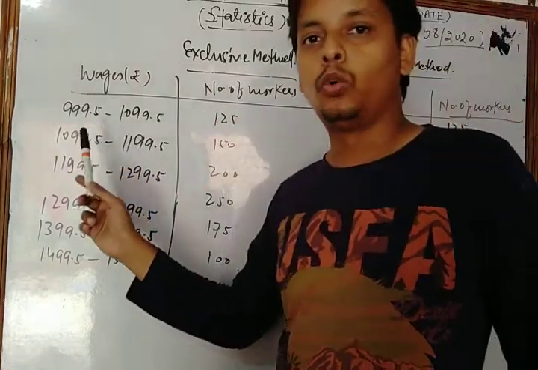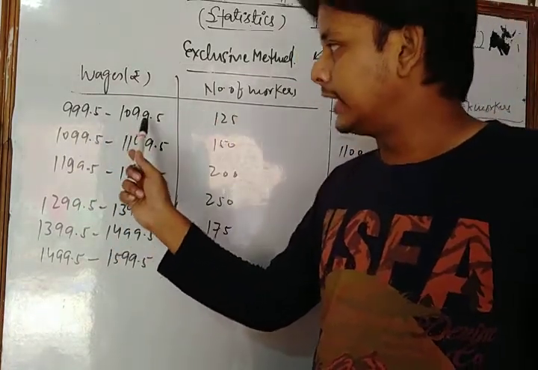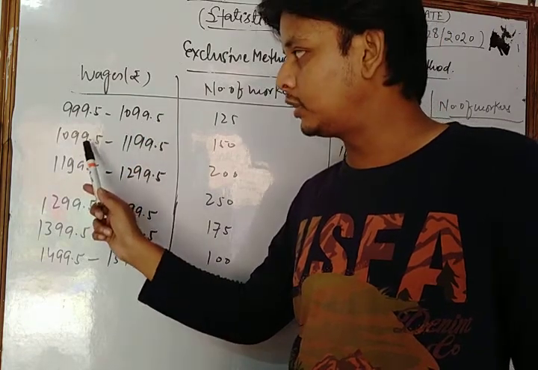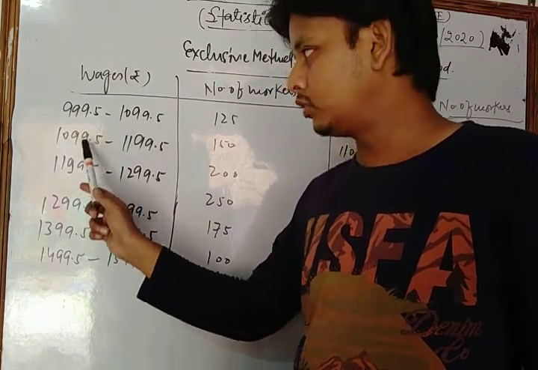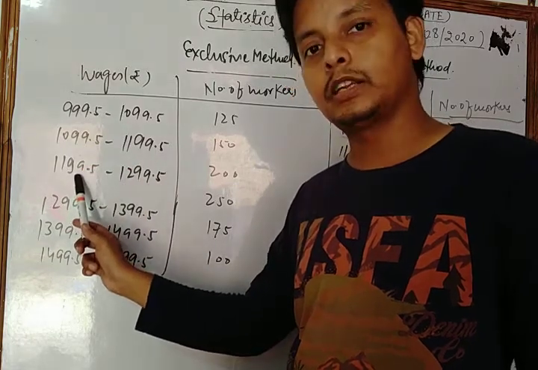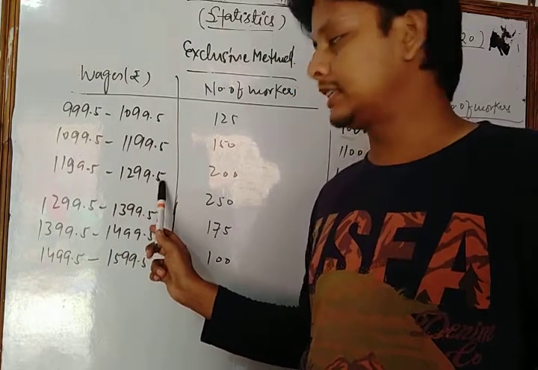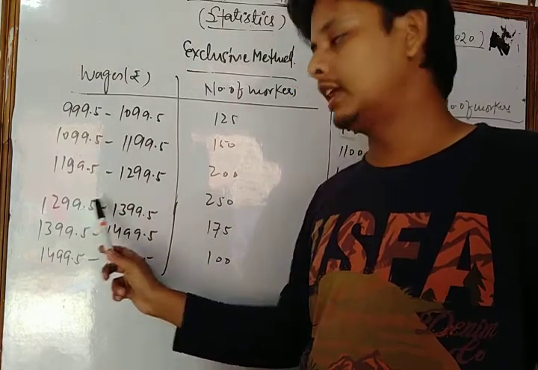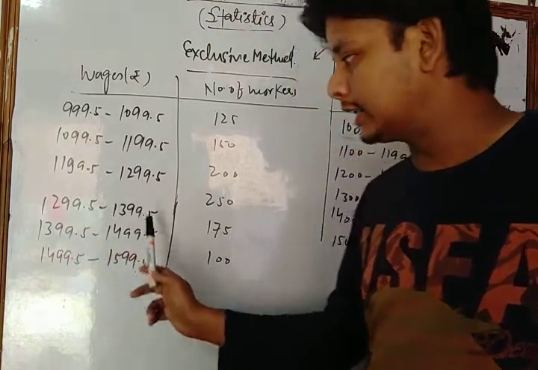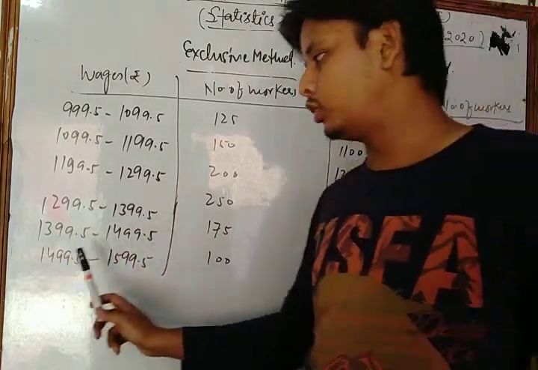Now let's see what we have next. The upper limit of one class is the same as the lower limit of the next class.